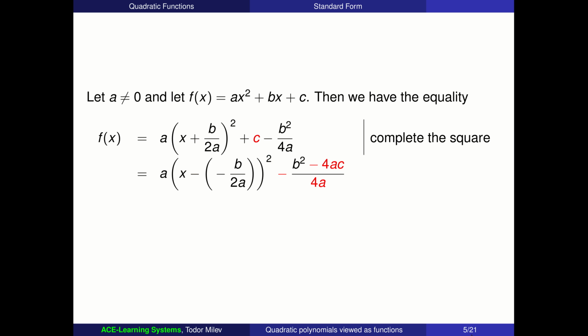And the number c, I'm going to multiply it by 4a and divide it by 4a, so in this way I put these two in the common denominator. And the two minuses give me a plus, which stands in front of c. So I can transform c minus b squared over 4a into negative b squared minus 4ac over 4a.